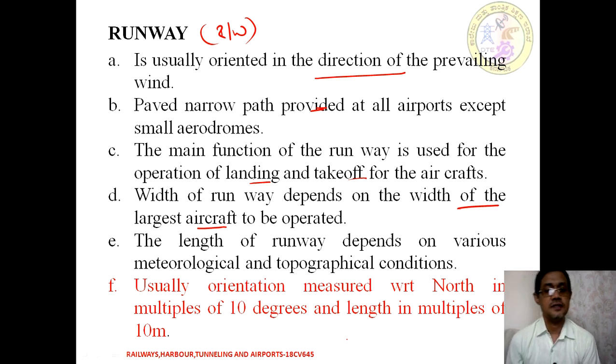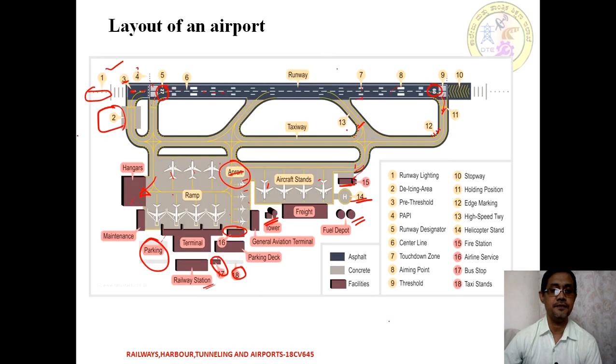After that, we orient the actual runway, and it is usually measured with respect to the magnetic north, in terms of multiples of 10 degrees, and the length is always in multiples of 10 meters, a round figure. As I said in the layout plan, we showed some numbers, 27 and 9.